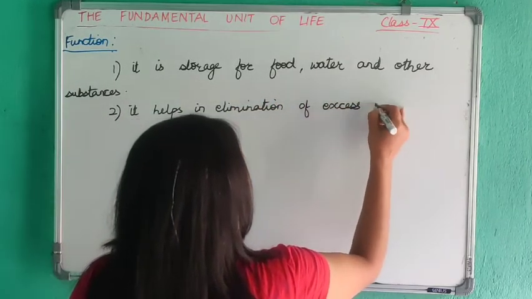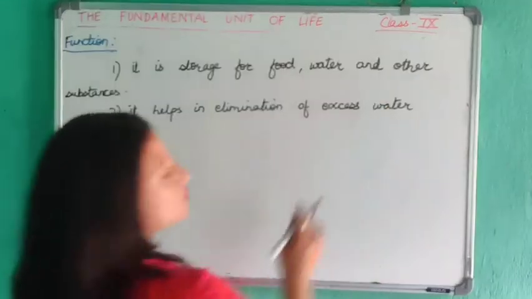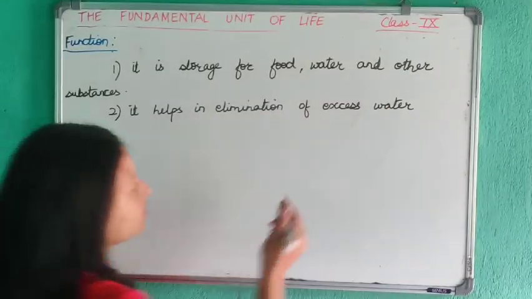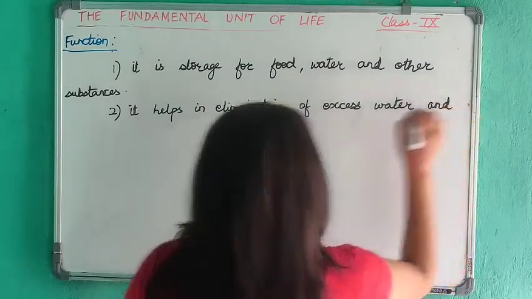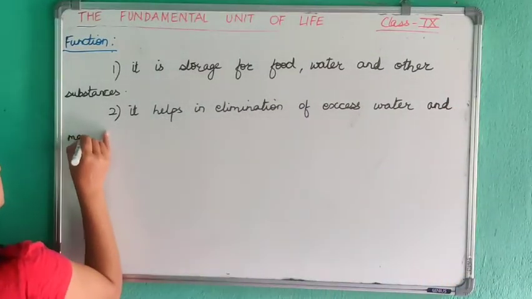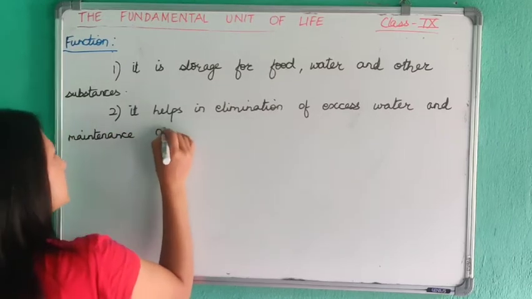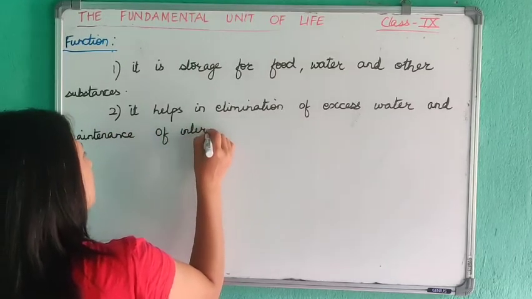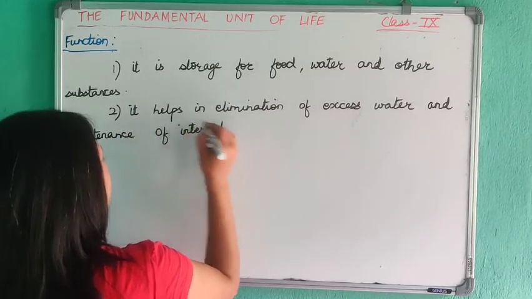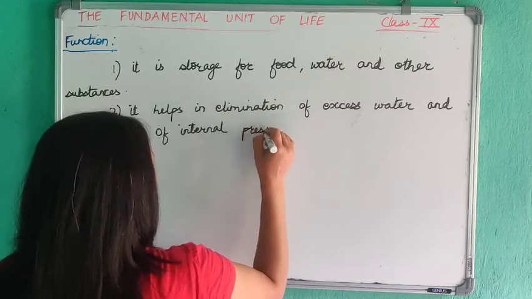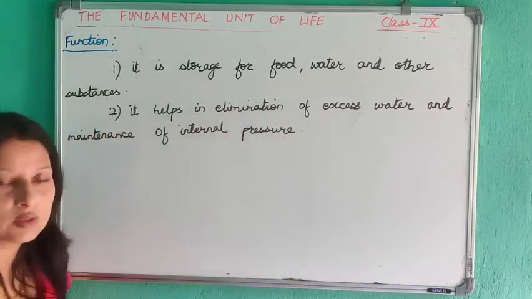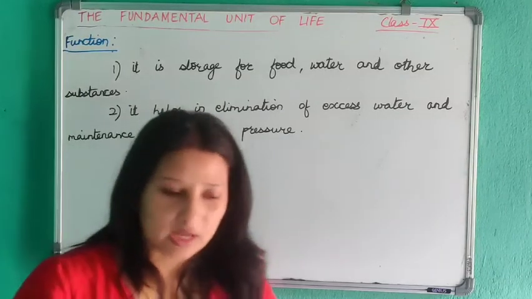The cell eliminates water outside, and helps in maintenance of internal pressure. So it maintains the internal pressure as well. So this is the function of vacuole.